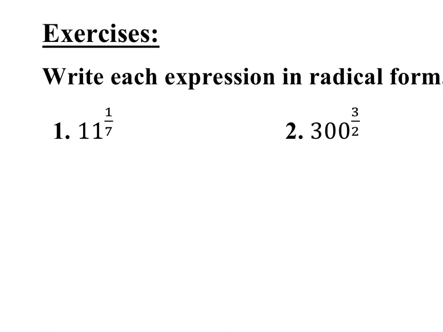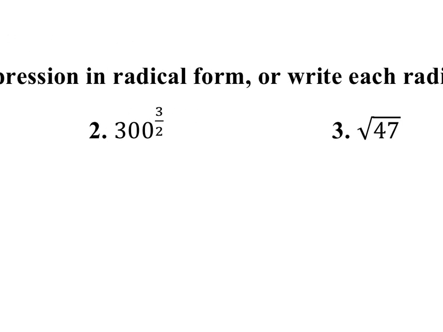Okay, so now we're switching from radical form to exponential form. The denominator becomes the index, so this becomes 7th root of 11 to the first, and I don't need to write the first power. When the denominator is 2, you're just doing a regular square root.